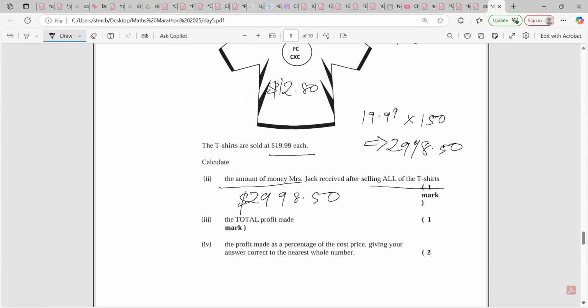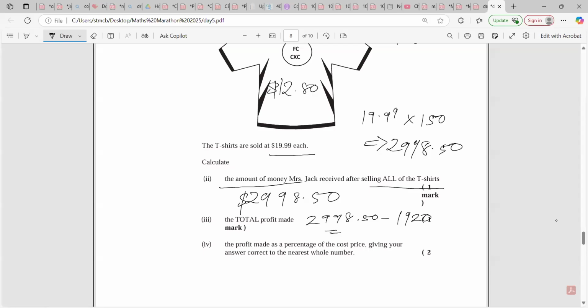Now the profit. So basically, the profit here will be the extra. So if you received a total of 2998.5, the original was what, 1920? So we should pay for all of them, so we can just subtract.